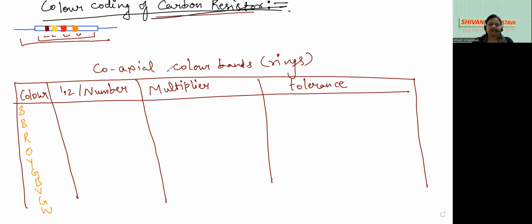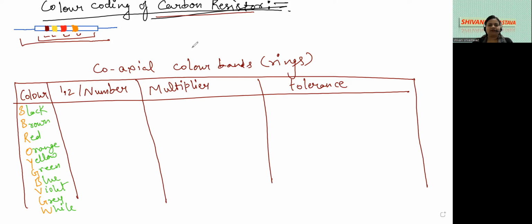Now we'll mention the color names. B means black. Next, B means brown. Black is always first, right? R, red. O, orange. Y, yellow. G, green. B, blue. V, violet. G, gray, and W means white. So B.B. Roy, Great Britain has very good wife. This is the color coding.